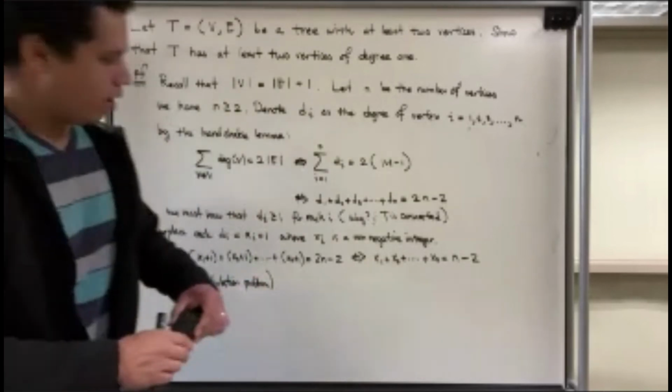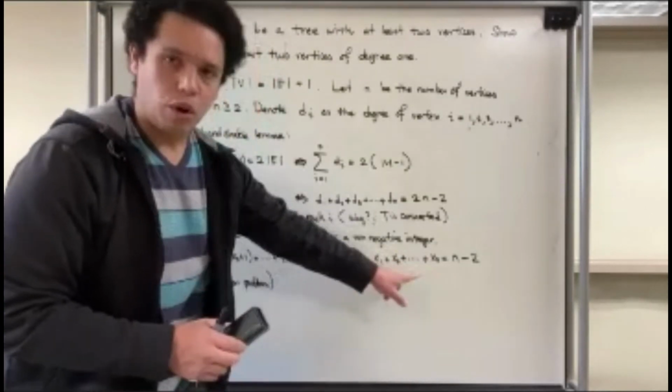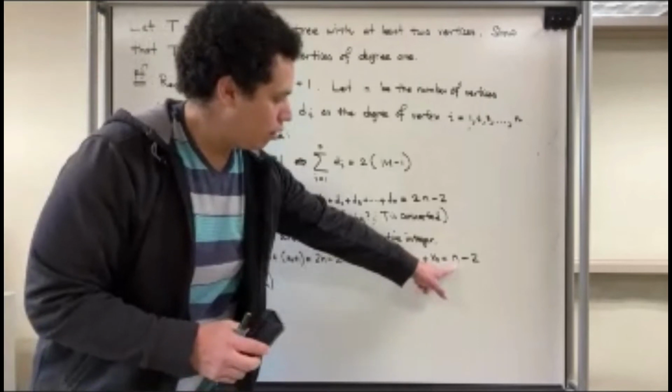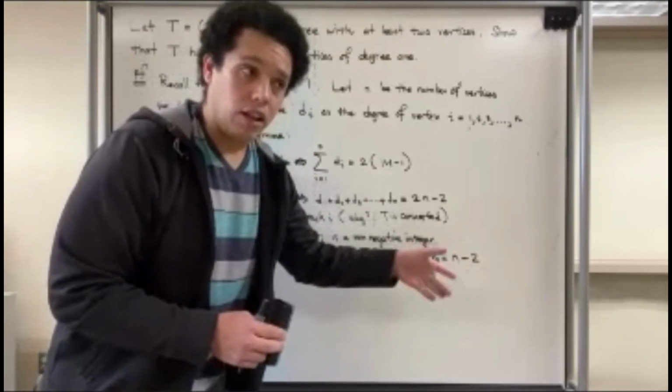Where we have n different entities to which we have to assign n minus 2 identical objects.